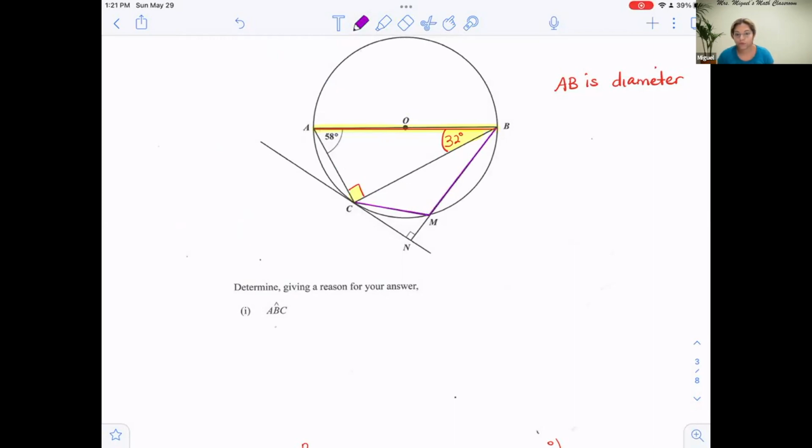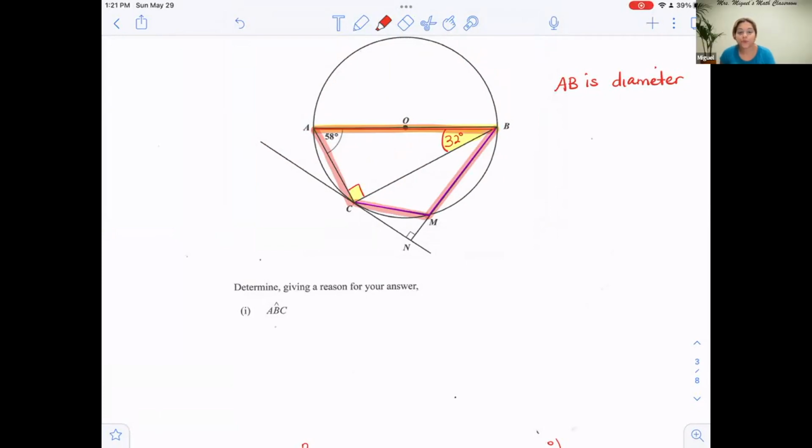Now, how do we call a four-sided figure in a circle? A cyclic quadrilateral.